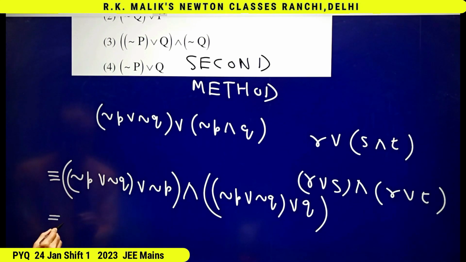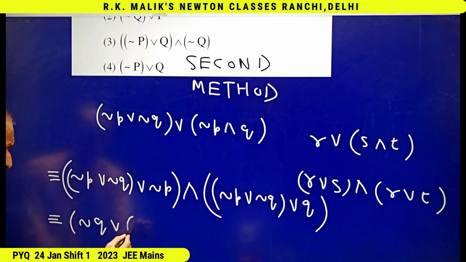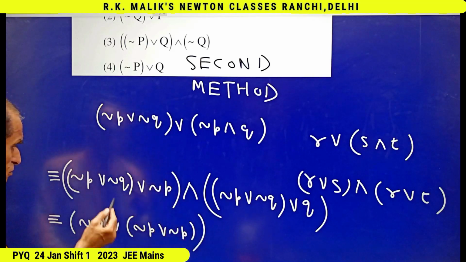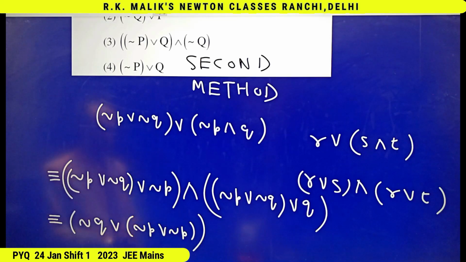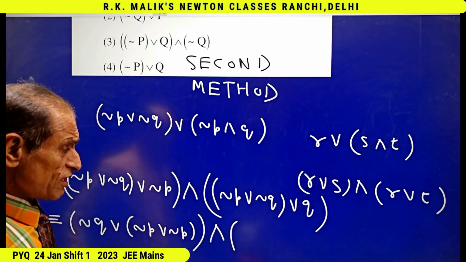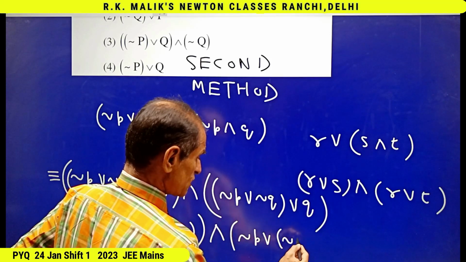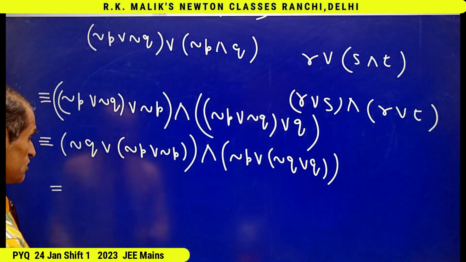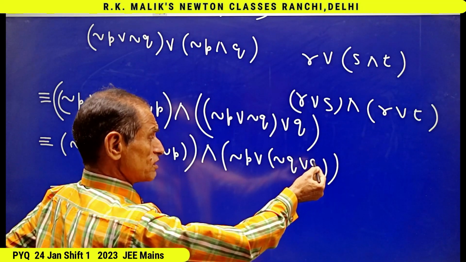And this thing can be written as negation Q or negation P or negation P, because I have written in reverse order and used associative law. And using associative law here also, negation P or negation Q or Q. This is equivalent to, you must be knowing that this is a tautology.